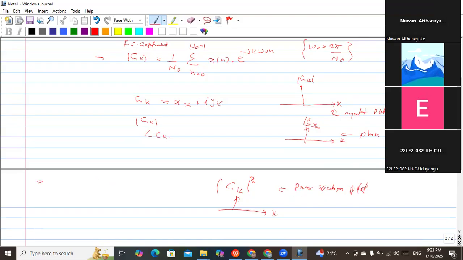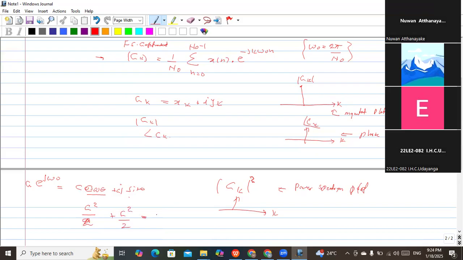So you know that c e to the power j omega naught, you can write as c cos theta plus j sin theta. What is the power of this signal? It will be amplitude square divided by 2, and the other term's power will again be amplitude square divided by 2.